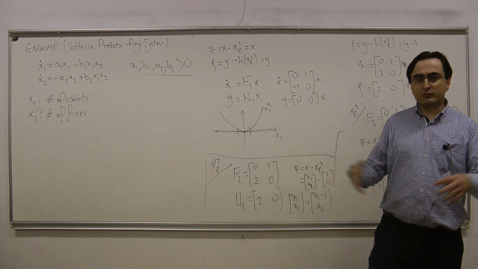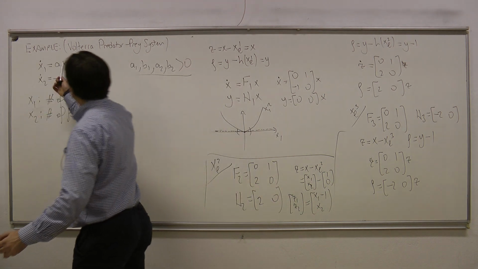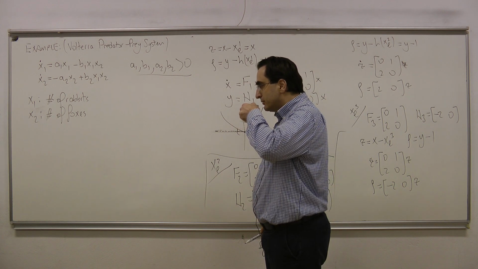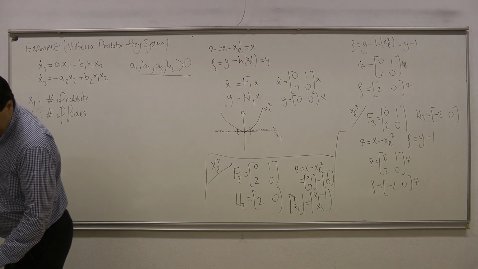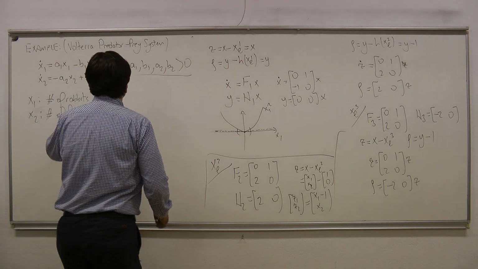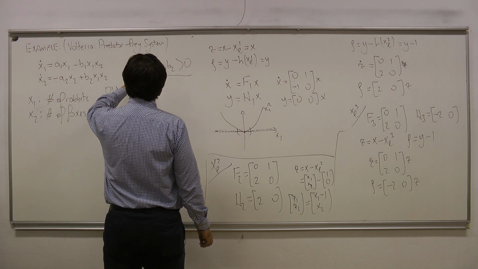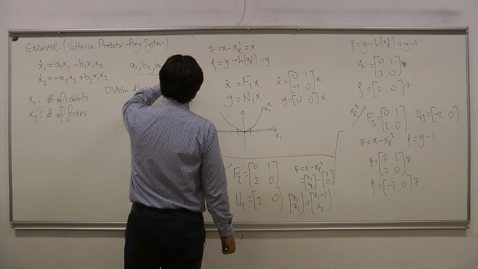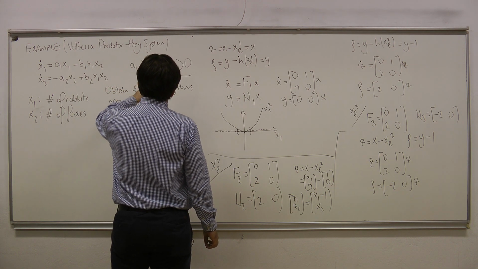But if the rabbits are too many and if the foxes are too many, then they are taken here like continuous valued variables. The task is to do the same thing. Obtain linearized systems around the equilibrium points.